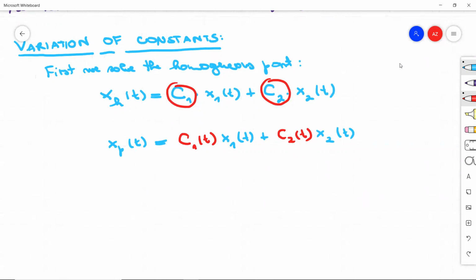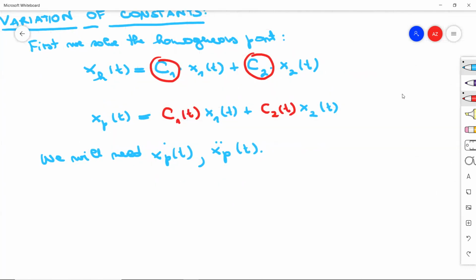But before doing this, let's compute. We will need the first derivative of this particular solution and the second derivative. Let's first compute the first derivative, and we will see what's happening. So x_p prime of t is, now we use the product rule. We have C1 times x1, both are functions of t.